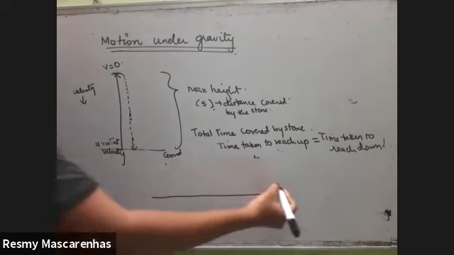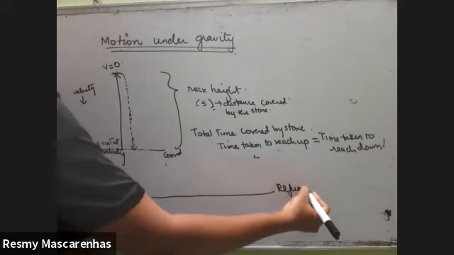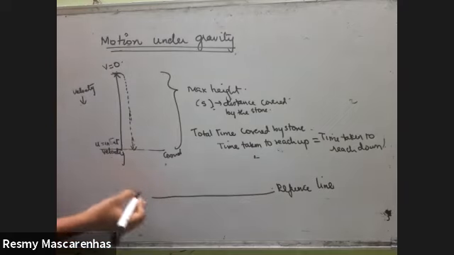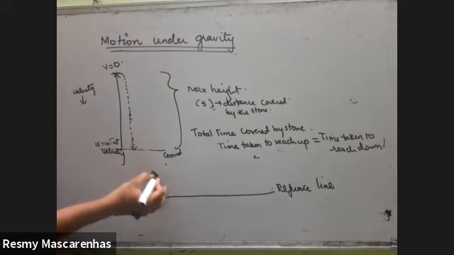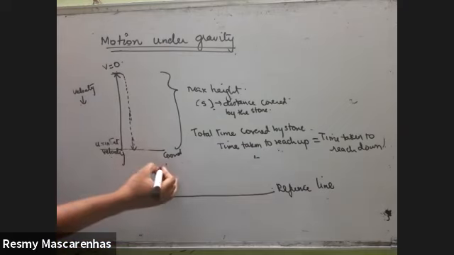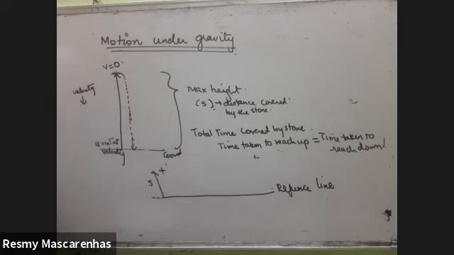Suppose you have a reference line. All the distances, I'm just putting the word S for distance. If you still don't know, then write it and keep it. Distances upwards are always to be taken positive. Means what? If you are calculating the distance of the stone from here to here while going up, then the displacement has to be taken as positive.